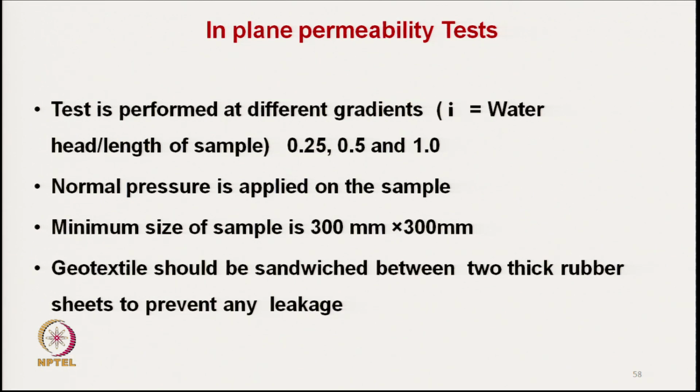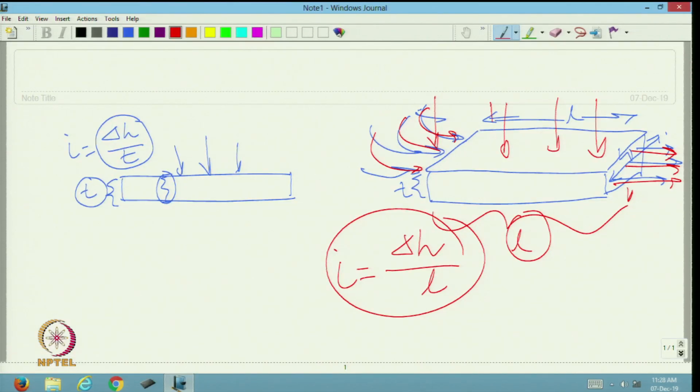Here in this test we apply a known normal pressure, so that it simulates the actual condition where normal pressure is applied. In addition to that, this geotextile is covered with impermeable rubber sheet from both sides.